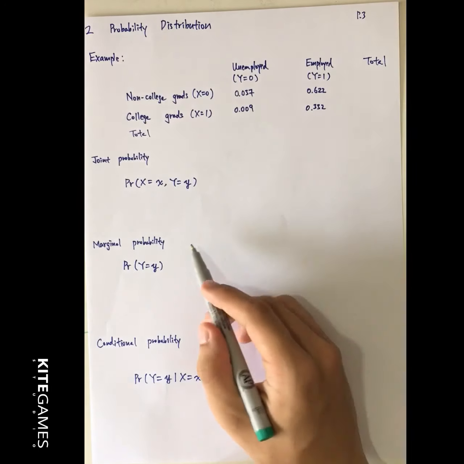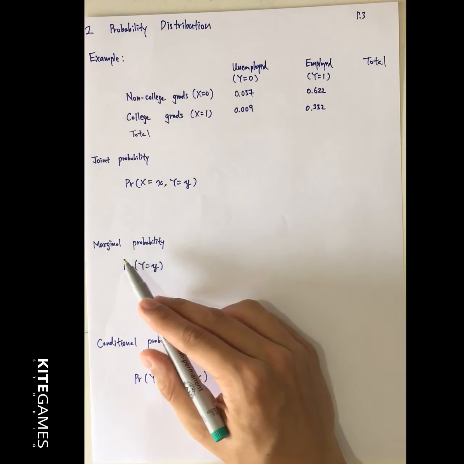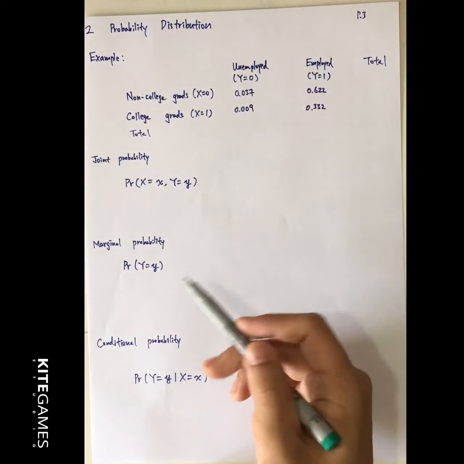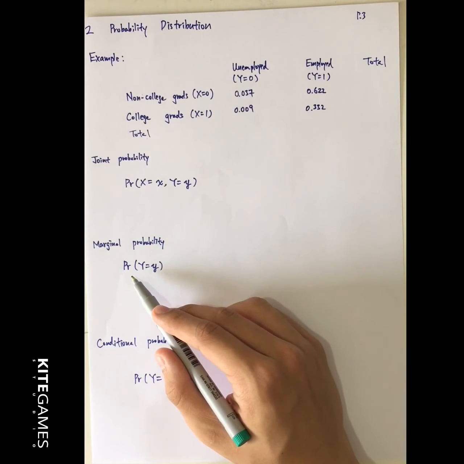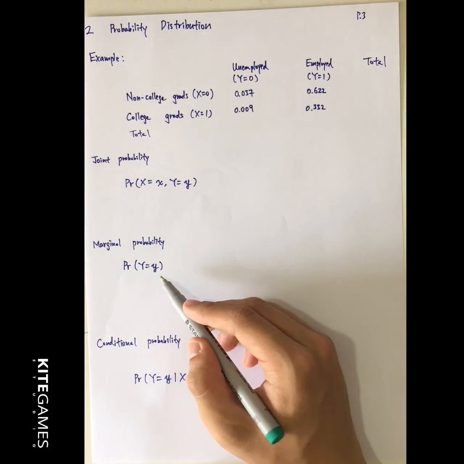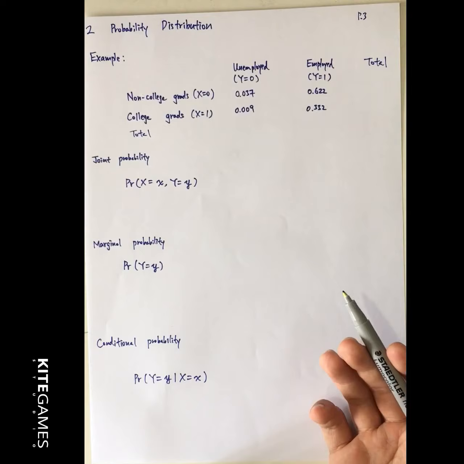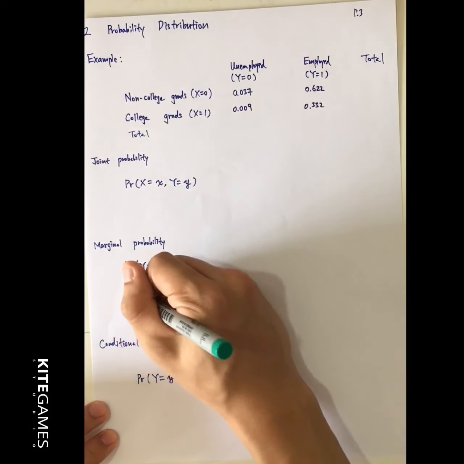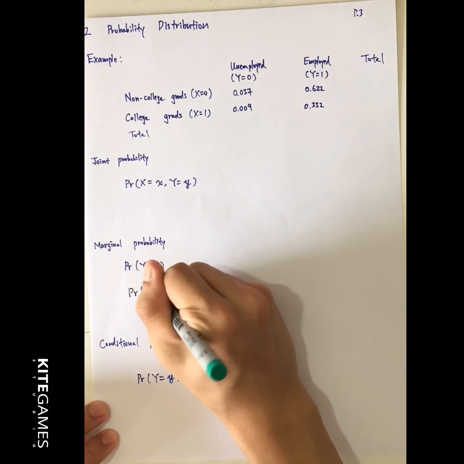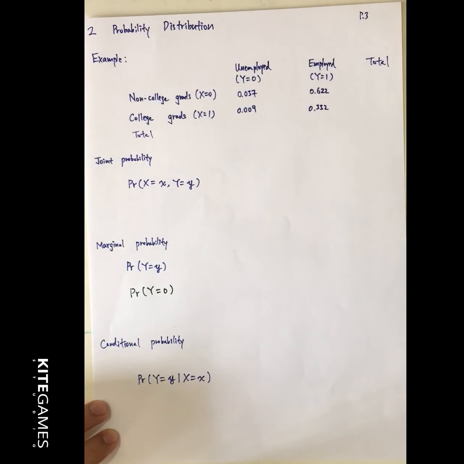Okay. The second one is called the marginal probability. Based on the name, we know that marginal probability is something related to the margin. For example, if I ask you what is the probability that y equals some value, you need to look at the margin and see what the answer is. So let's take a look. If I want to find the probability that y equals 0 in this example, what should we do?